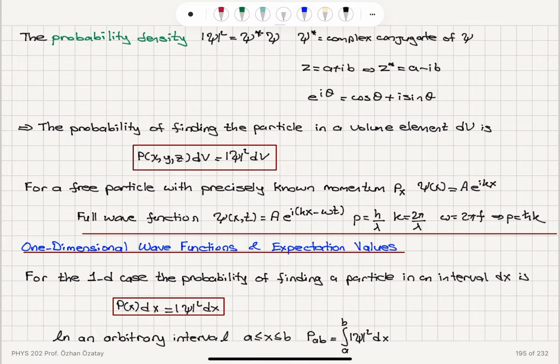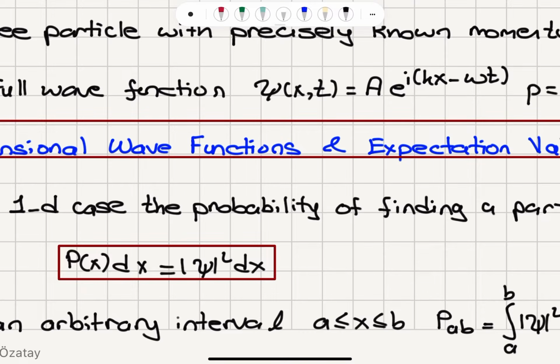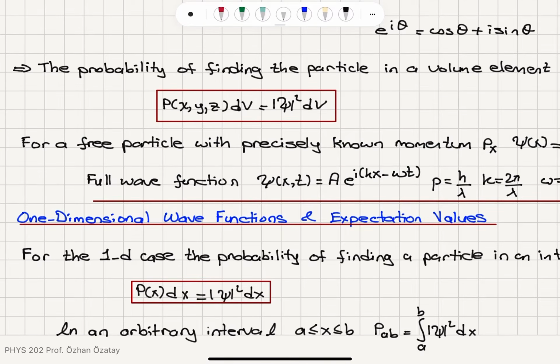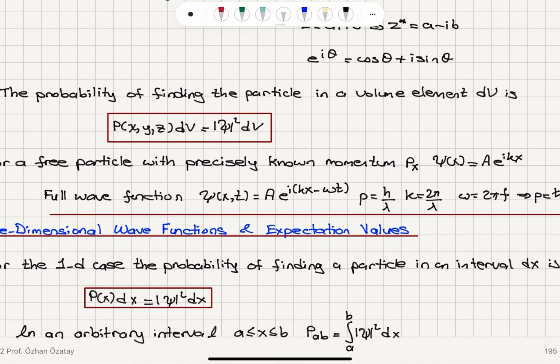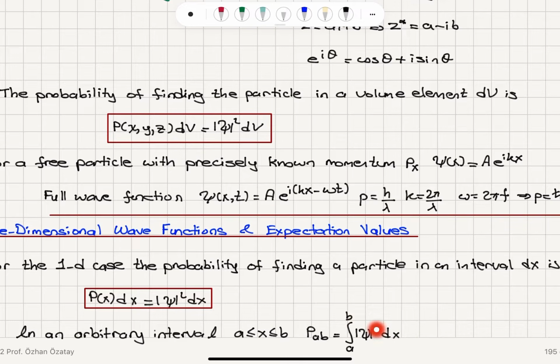Okay, so we talked about one-dimensional wave functions, the wave functions that only depend on x, and expectation values. The probability of finding the particle in an interval x to x plus dx will be the probability density function, absolute value psi squared, dx, which is psi complex conjugate multiplied with psi. In an arbitrary interval, it is the integral from a to b of the probability density function, psi complex conjugate psi dx.